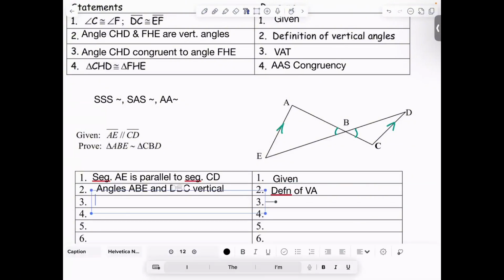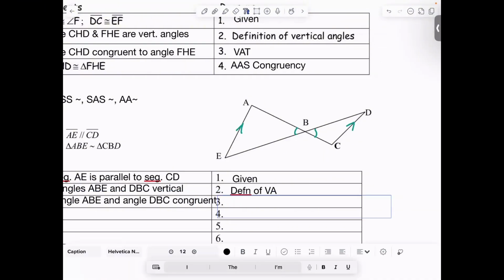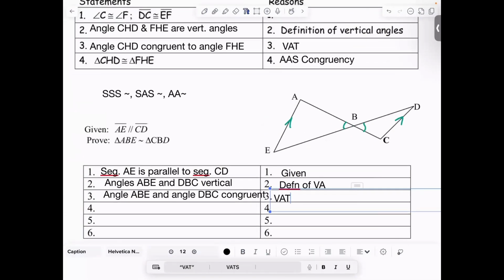And then we can make the statement that the angles are congruent. We'll use the VAT there, vertical angle theorem. Okay, let me make sure I have that right. So I used angle ABE and DBC. Yeah, the angles created in the center are both congruent to each other.